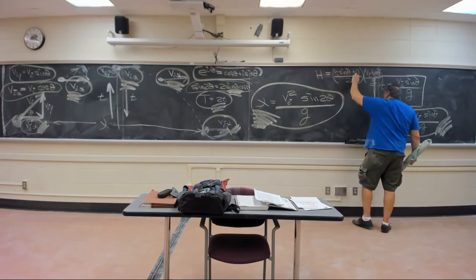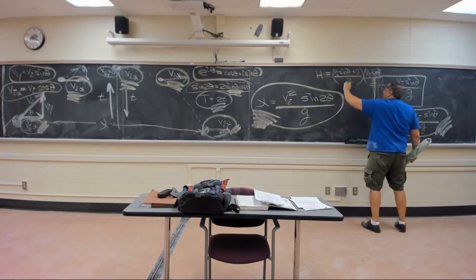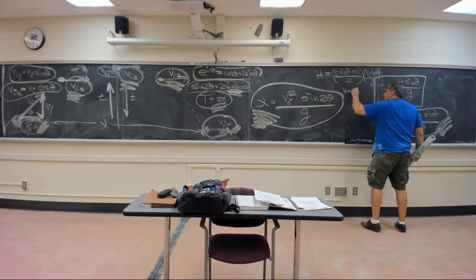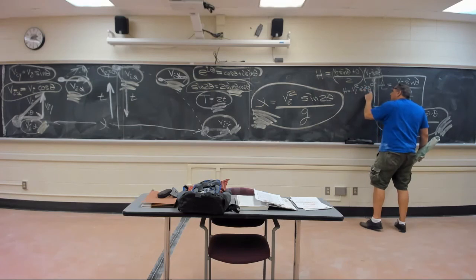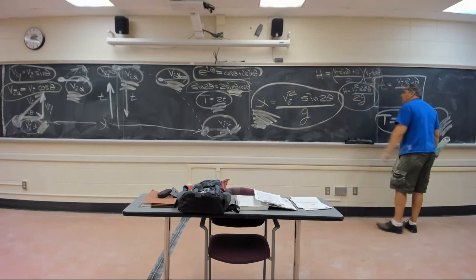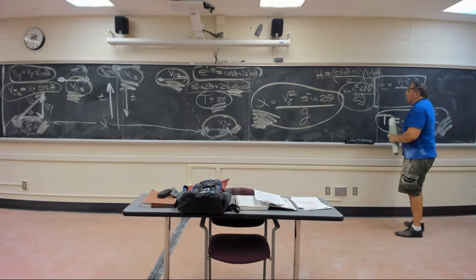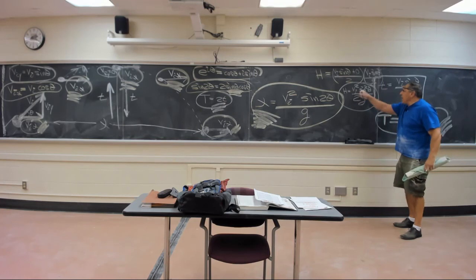VFY is 0. Divide by 2. 0 in this, divide by 2 times this. VI squared, sine squared, 2g. VI squared sine squared over 2g.